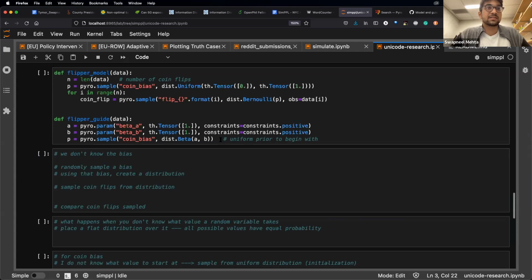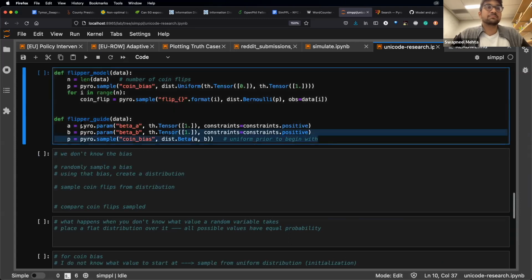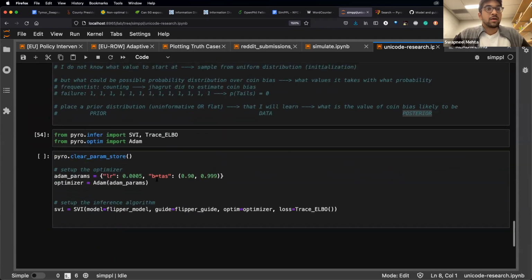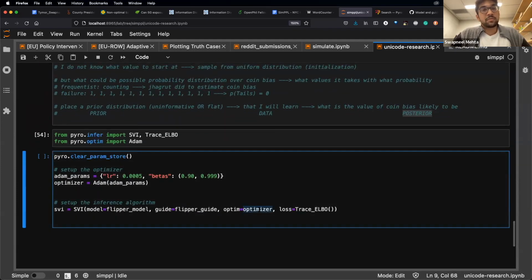A guide is what we learn, the prior that we place on the model. We give it the optimizer and a certain loss function. This is hard to boil down unless you watch separate videos on variational inference.